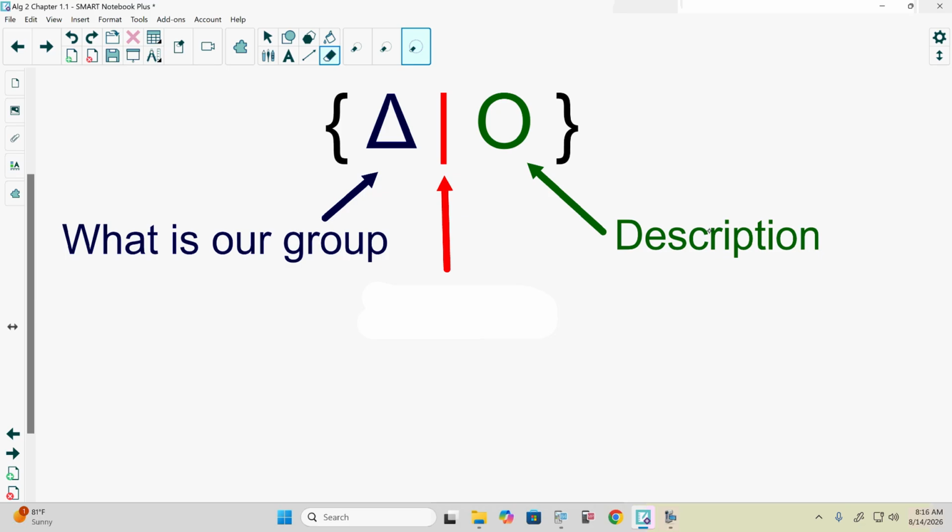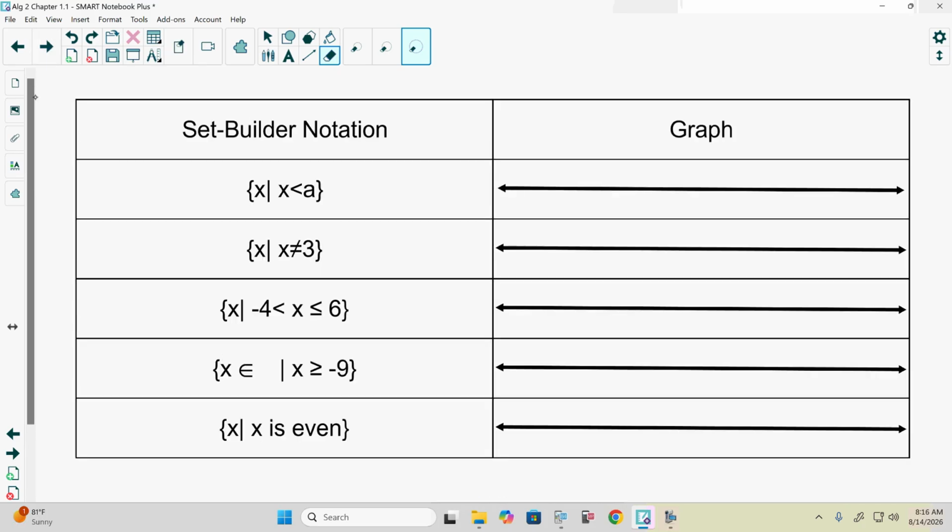It describes it. And funny enough, that bar in the middle means such that. Our given variable is this type of group or these types of numbers such that it follows this description. Well, that doesn't make sense, especially since we have nothing to connect it to. So let's actually look at a few.